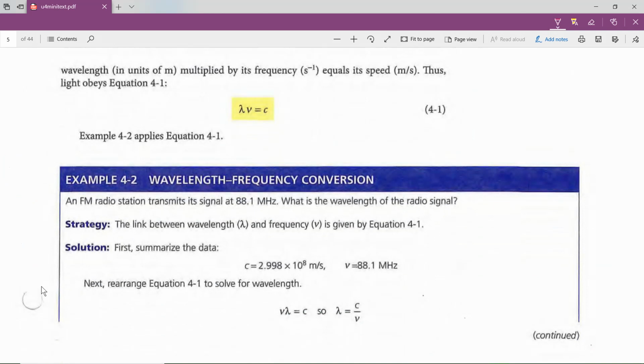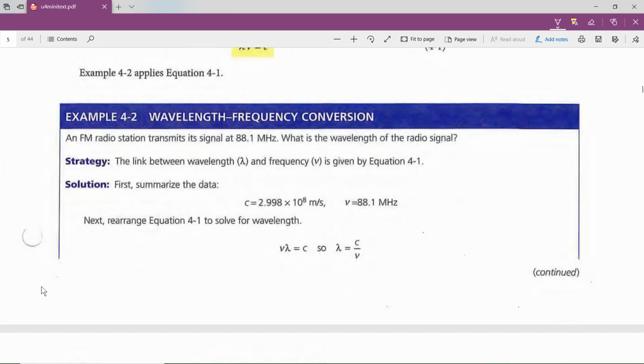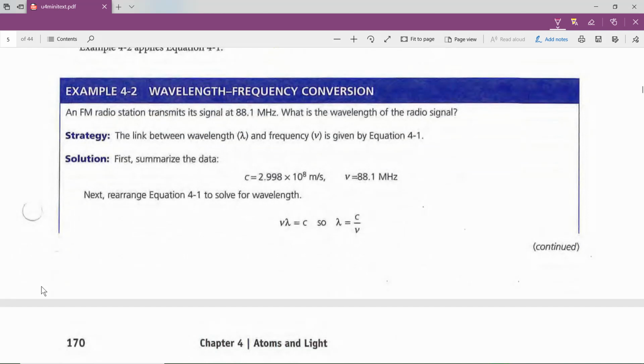Okay, let's just keep going on here, and then we'll see if the slides give us anything else. So let's say we have an FM radio station and it transmits signals at 88.1 megahertz. I don't know if there's any radio station in our city that uses that frequency, but maybe. What is the wavelength of the radio signal?